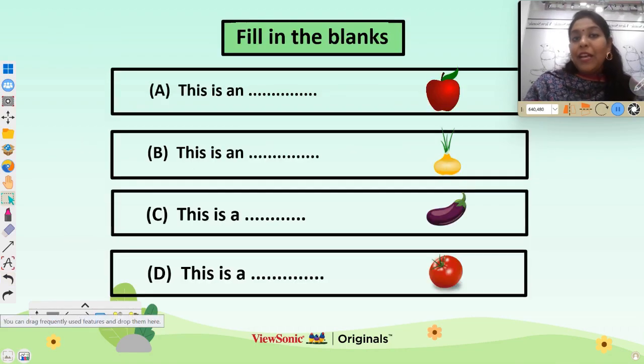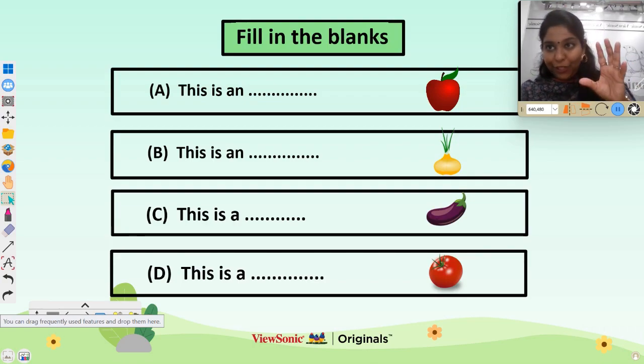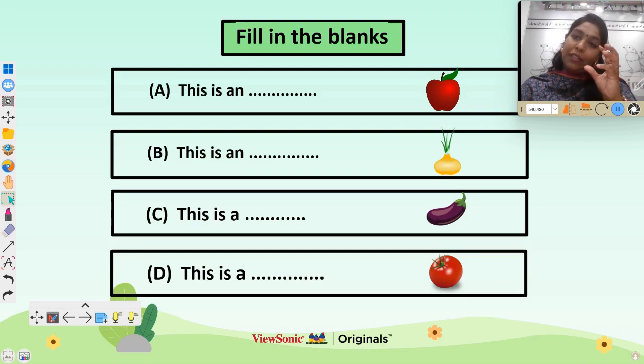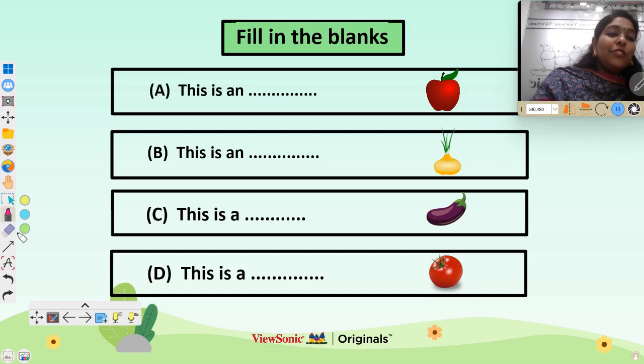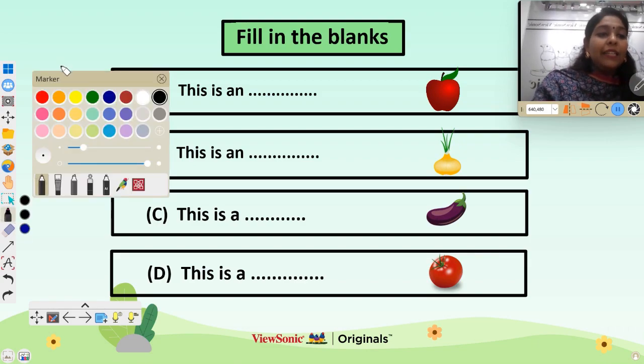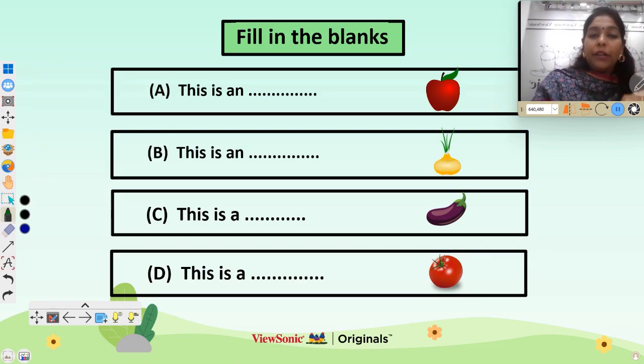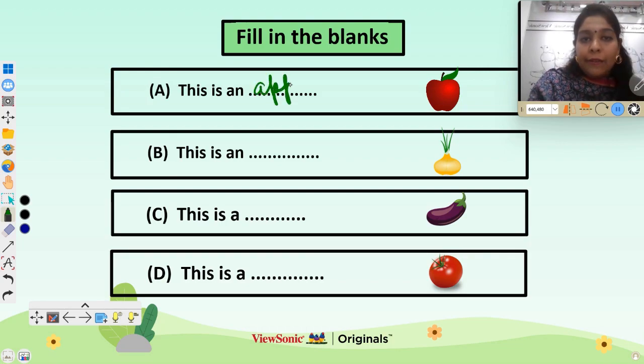Moving on. Now here it says fill in the blanks. I have a picture and I have images of all those fruits and vegetables that I have taught them. And I've also taught them the spellings. Here as a teacher, I can quickly take the marker and say this is an apple.